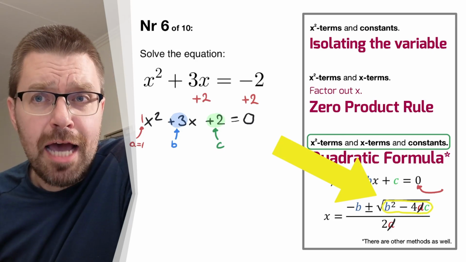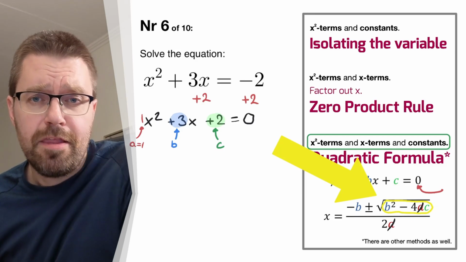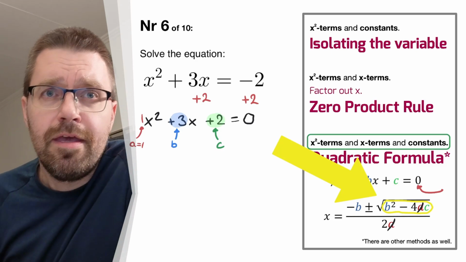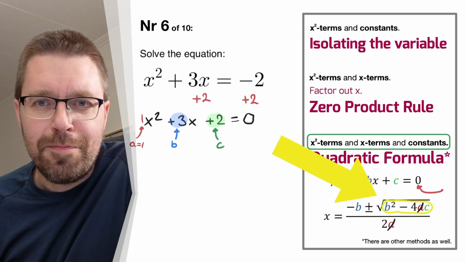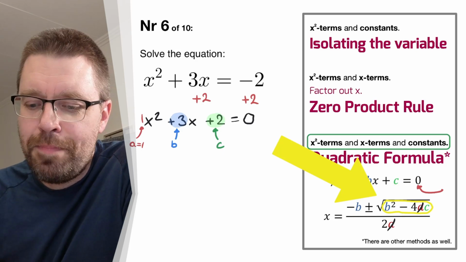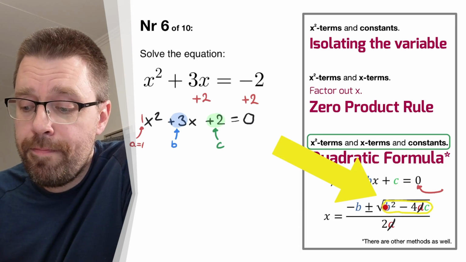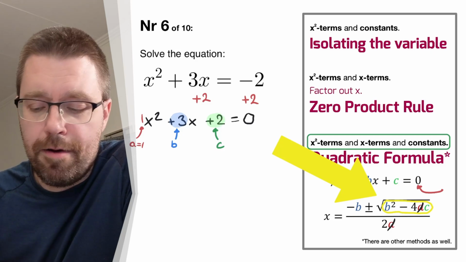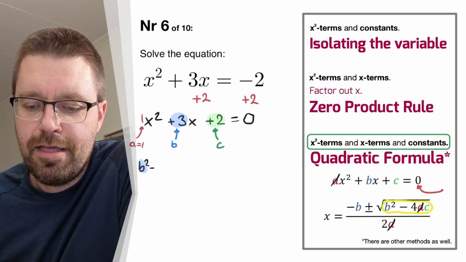To save some time, you can calculate the discriminant, the thing inside the root here. Then it will save you some time and some space on the paper. So I put in b as 3, and as c I put in my number 2 here. So I start to calculate this one.